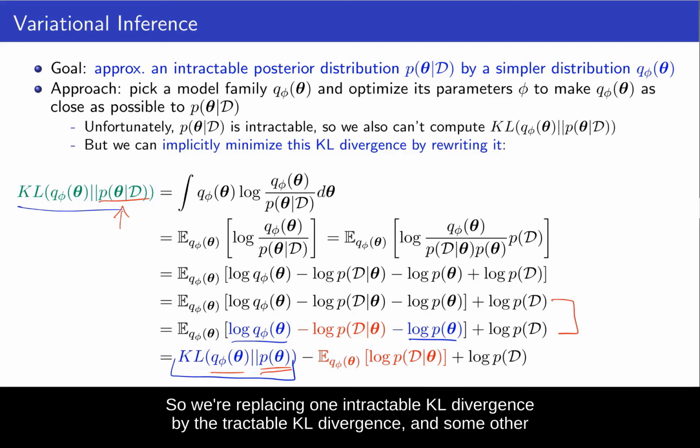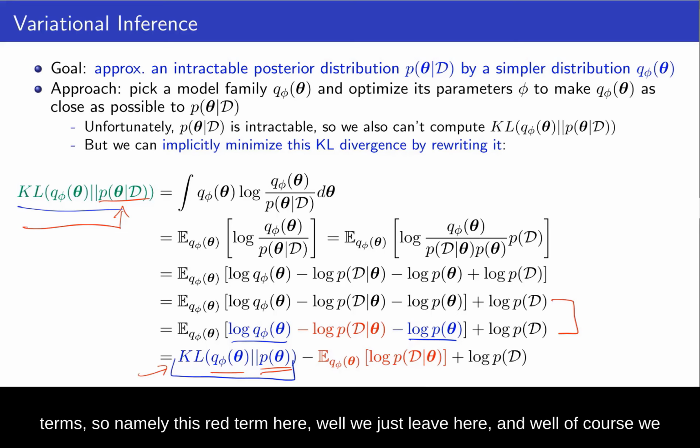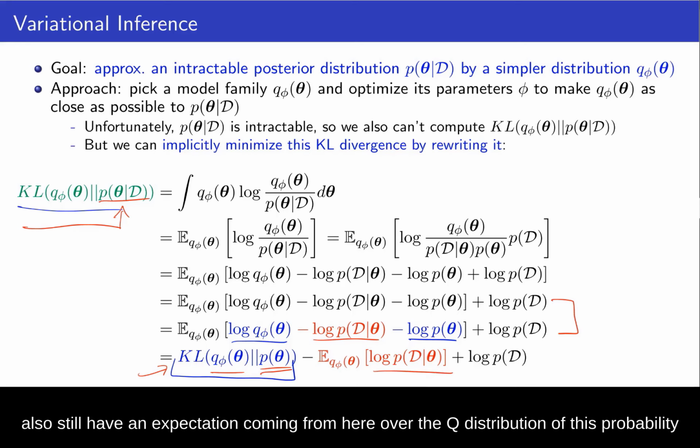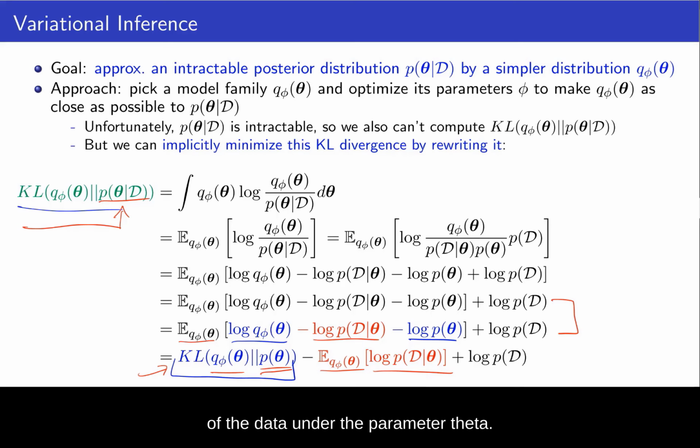So we are replacing one intractable KL divergence by a tractable KL divergence and some other terms. Namely this red term, we just leave here. And of course, we also still have an expectation over the Q distribution of this probability of the data under the parameter theta. And then we still have this log evidence here.